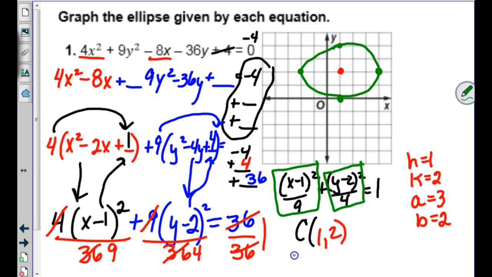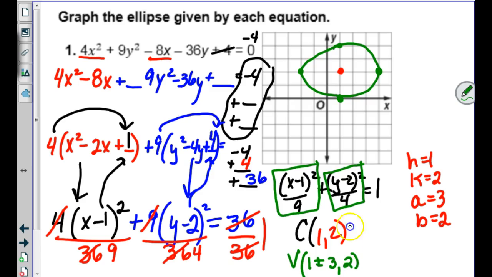Okay. All right. Now, what does it say for, let's not do foci yet, the vertices? Vertices are at h plus or minus a, comma, h, comma, k. Oh, wait, never mind.